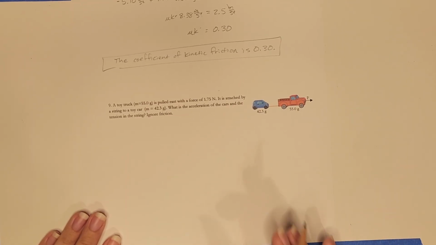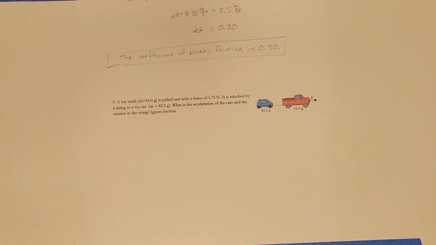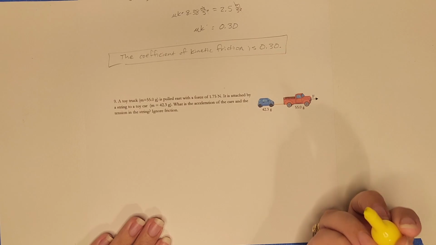For question 9, a toy truck with a mass of 55.0 grams is pulled east with a force of 1.75 newtons. It is attached by a string to a toy car with a mass of 42.3 grams. What is the acceleration of the cars and the tension in the string? Ignore friction. Okay, so we are back to some vector quantities here.